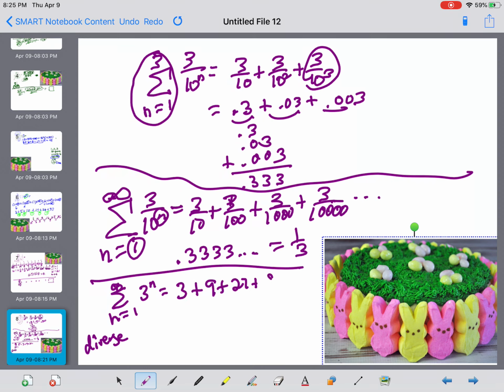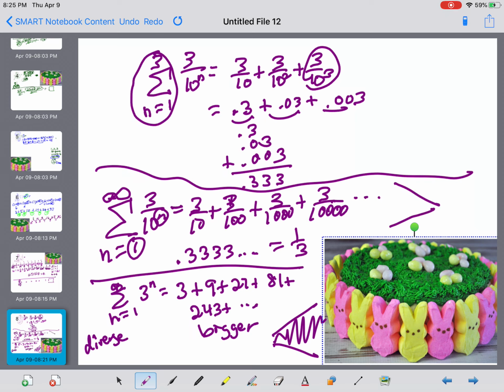You would have 3 to the first, 3 to the second, 3 to the third, 3 to the fourth, 3 to the fifth, and it just keeps getting bigger and bigger and bigger. This one was getting smaller and smaller and smaller, so it converged to one number. And we'll talk more about how and when that can happen. Your homework will be on factorials and sigmas.